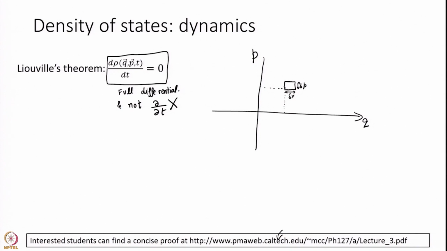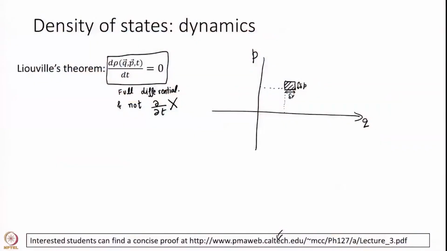I have some density of particles in this box, and we are going to look at delta x and delta p being very small. Liouville is asking the question, fine, I have this very small box. How does this box change with time? How does this box evolve with time?